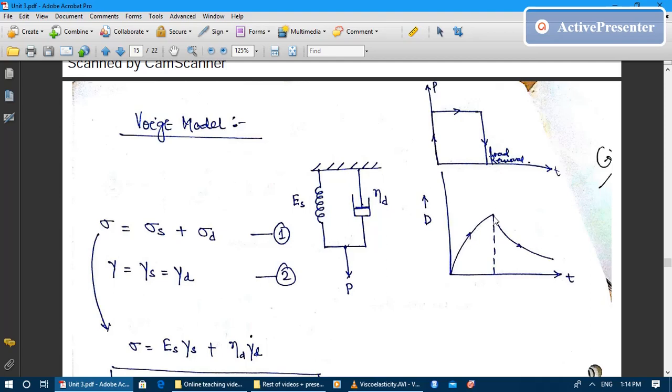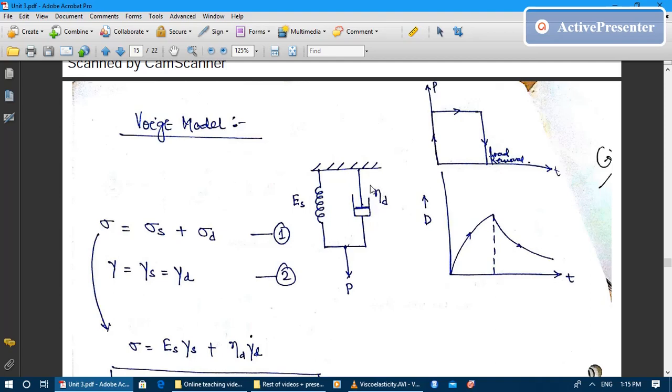And here at this point my load is removed. Then what will happen? Upon the removal of the load, the spring will try to regain its original shape immediately, but the dashpot will present hindrance in this process, because it is connected in parallel. It will say no, you cannot regain your shape immediately.